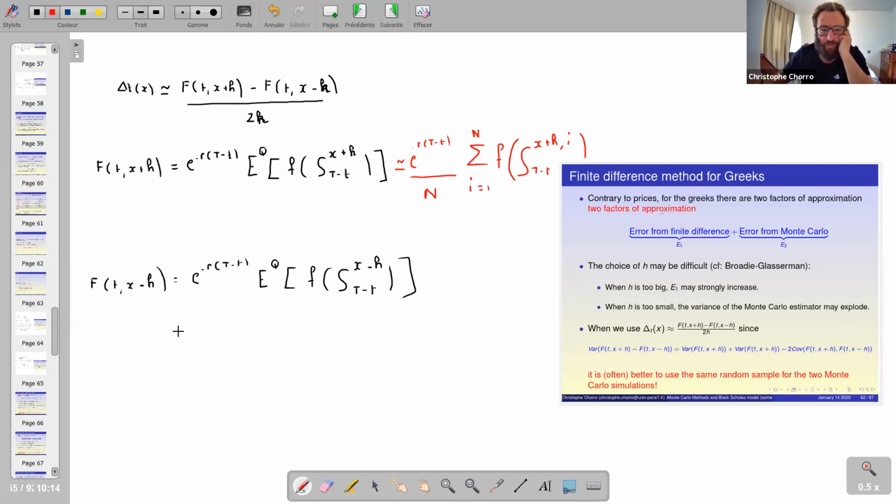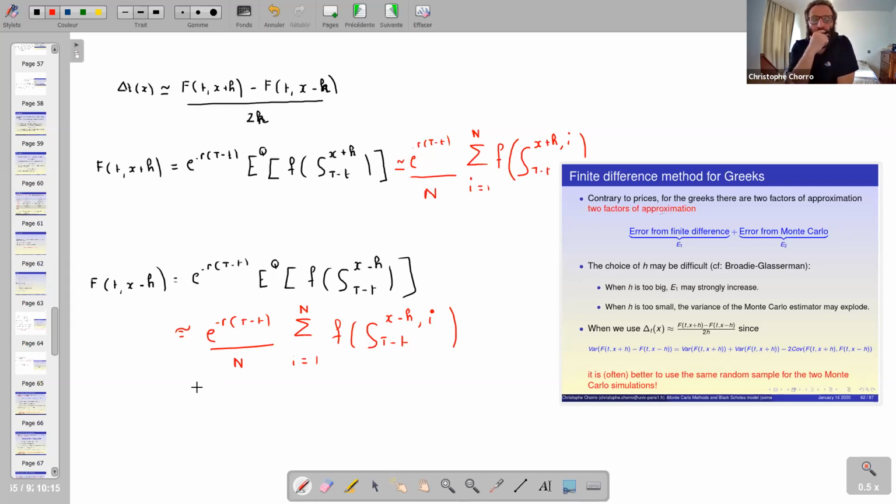I do the same for this. So in fact, I have two Monte Carlo approximations to use in order to compute each of the two terms in the finite difference scheme.